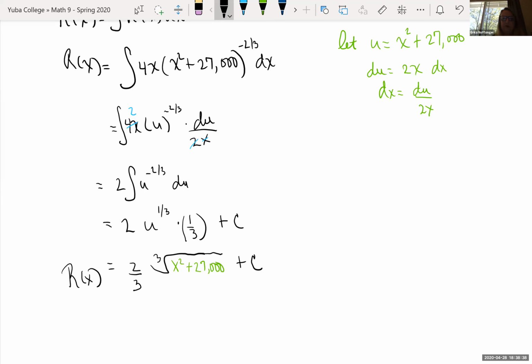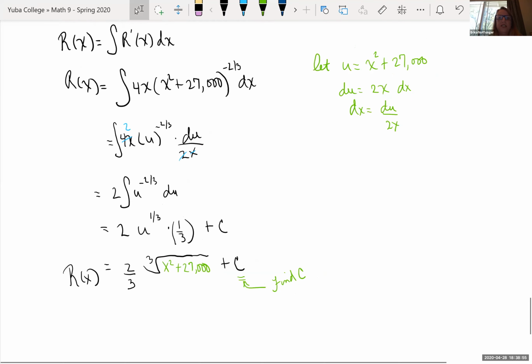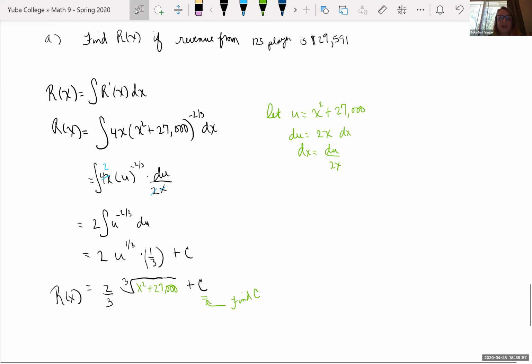And so now we want to figure out what c is. This is where I'm not sure if, when they told us that was 125 players, they were considering that as 125,000 players, because they said x was in terms of thousands. Maybe I should reread that.